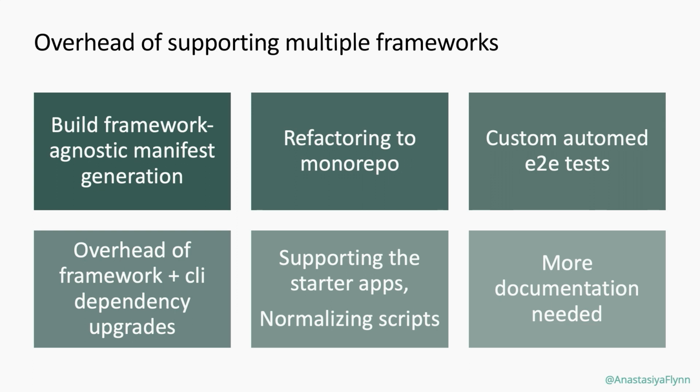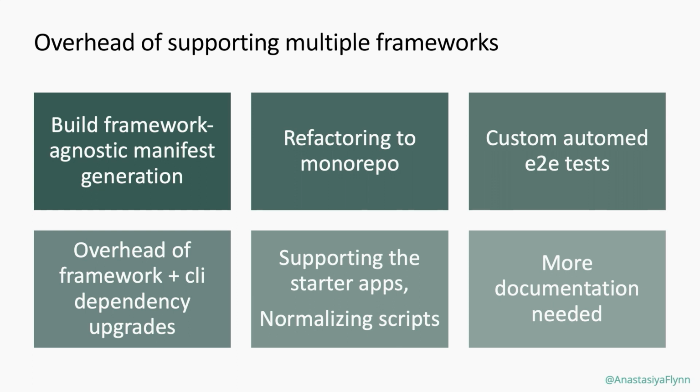We had to refactor to Monorepo since there were more packages in our solution. We had to build some automated end-to-end testing because there were just so many scenarios to support. So there's the overhead of keeping up not only with the changes in the front-end frameworks, but also with the changes in the CLIs that we're extending: Create React App, Angular CLI, and Vue CLI.